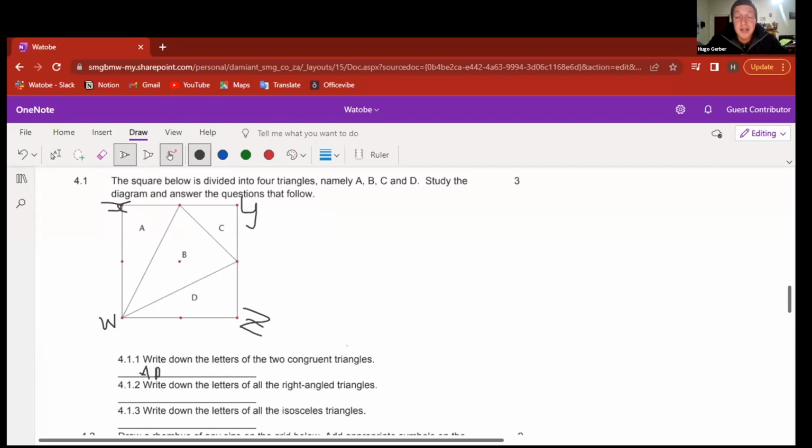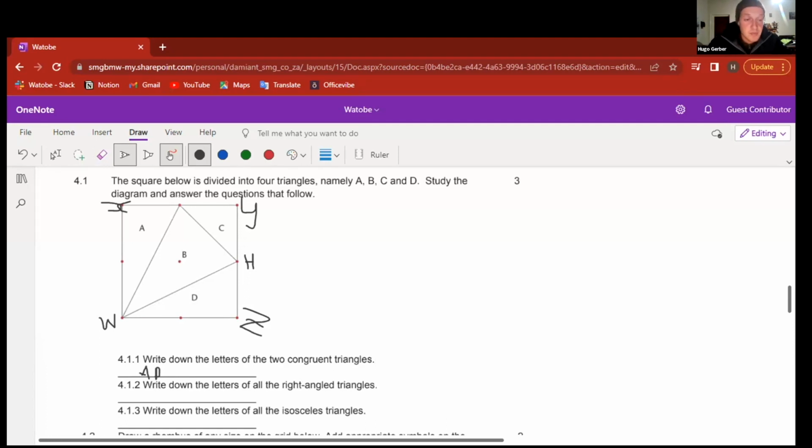So it's definitely not going to be triangle D, for example, because we can see that the line between W and Z is not the same as the line between Z and H. Z and H is very short, and W and Z is very long. W and H is even longer. So there is nothing there that is the same, okay?